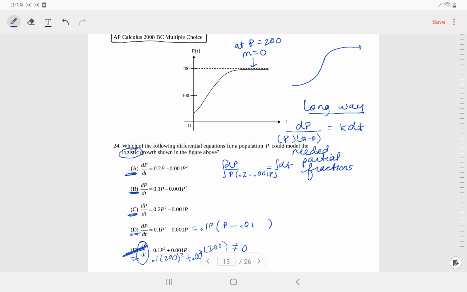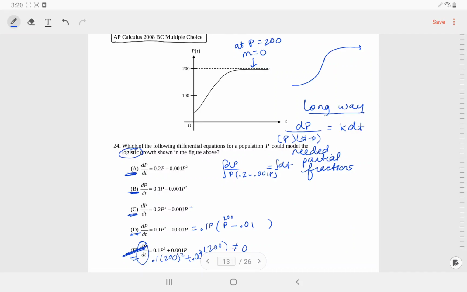Took out the p already. I don't believe that one is going to give me 0 if I put in a 200. So that one's not looking good. I also think these slopes do look positive for big values. So this isn't too bad at the moment.